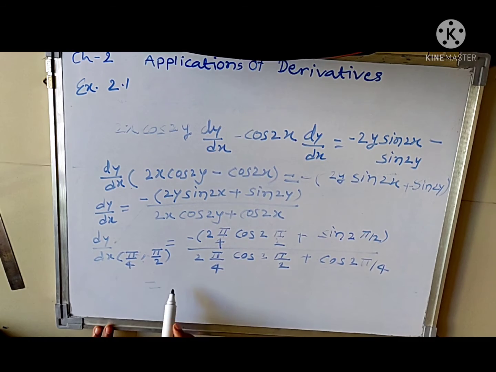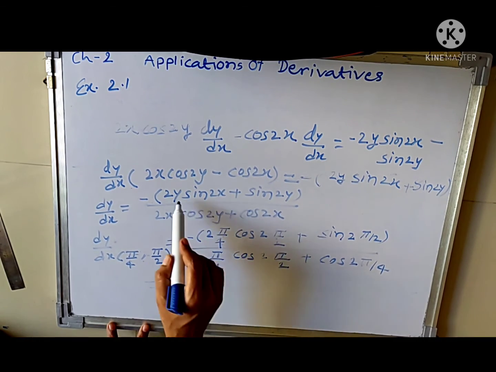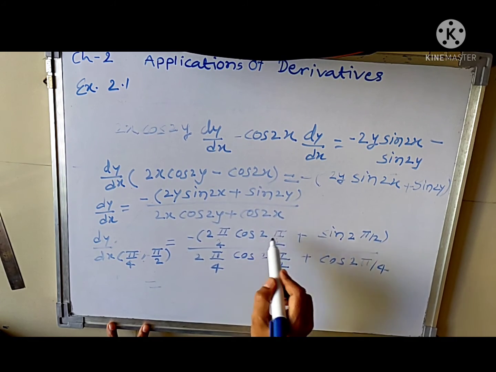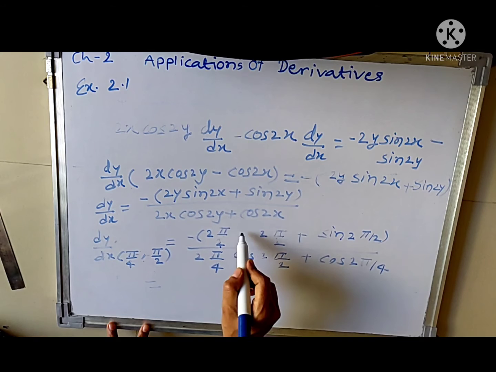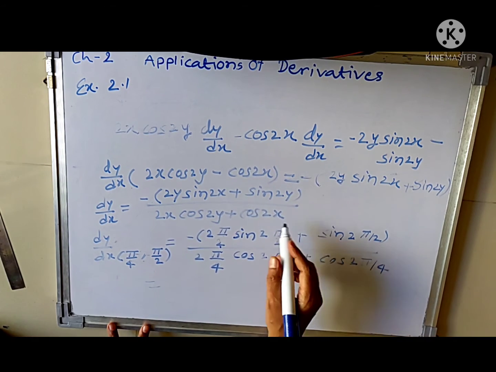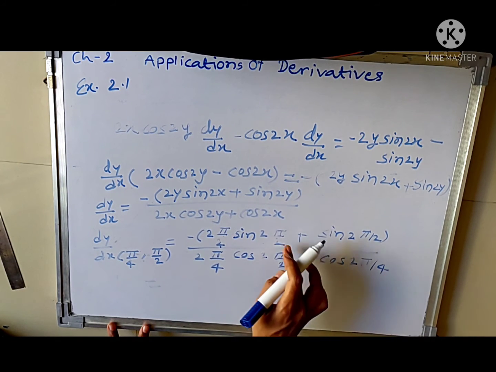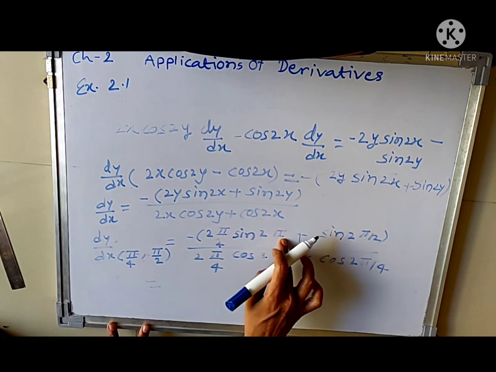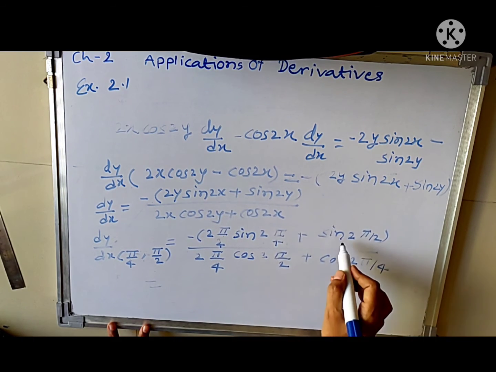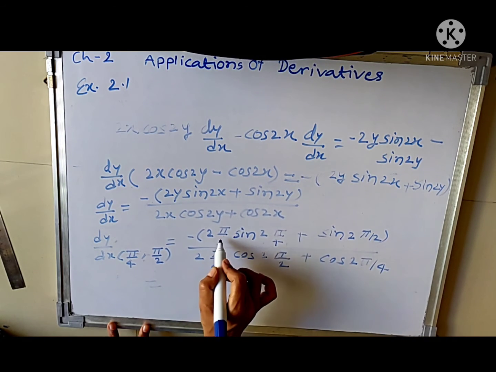Equal to, look here again, I am writing a minus as it is 2, y is pi by 2, here sine, 2x, x is pi by 4, plus sine 2y, y is pi by 2.